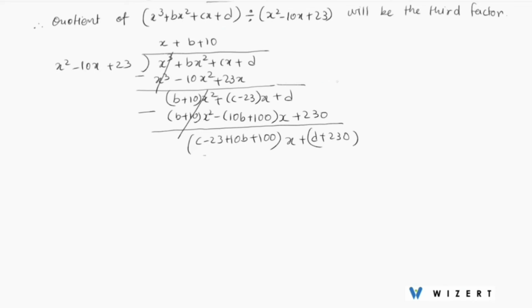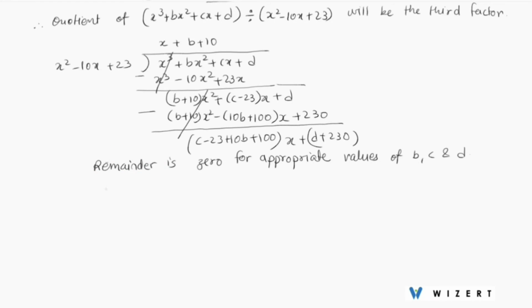So what we can say is that the division is complete and remainder will be 0 for appropriate values of b, c and d. So remainder is 0.